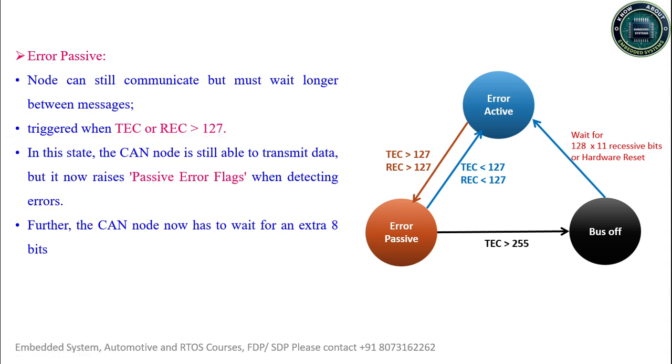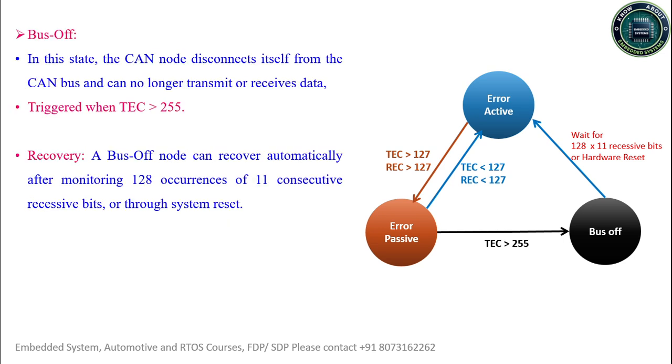So this is one more thing you should know about error passive state. The third state in ECU error confinement in CAN is bus off state, the black color you're seeing. So what do you mean by bus off state? Whenever the error counters are greater than 255, that particular ECU will enter into bus off state.